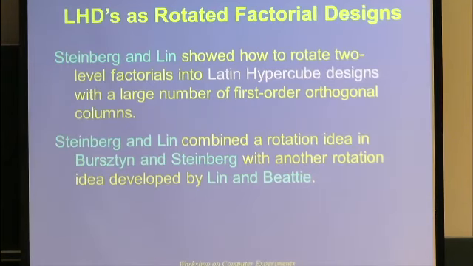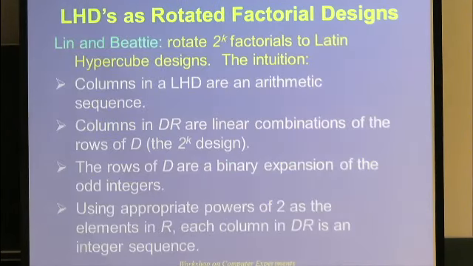And this is the result that Dennis and his student Beattie came up with. And then we're going to combine that with an idea for grouping columns that was in Dietze Burstein's dissertation. And we're going to show that that's how we're going to get these large orthogonal Latin hypercube designs. So here's the basic algorithm.